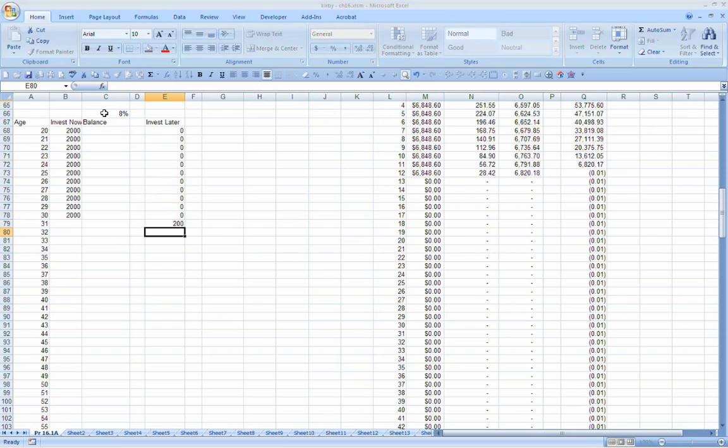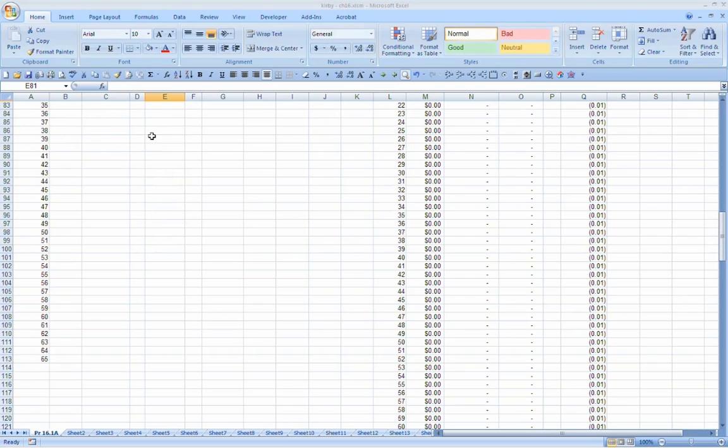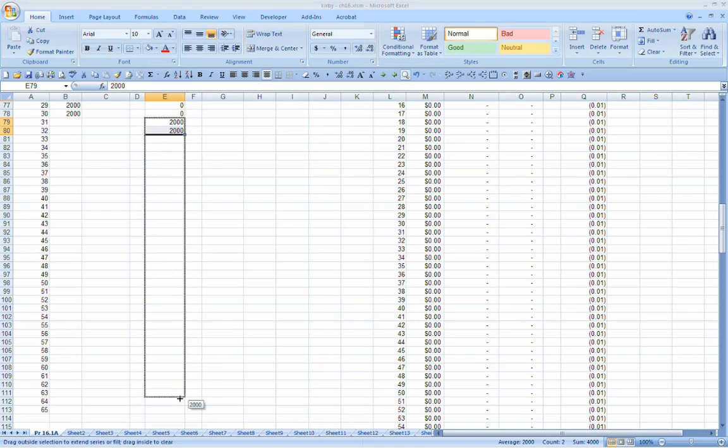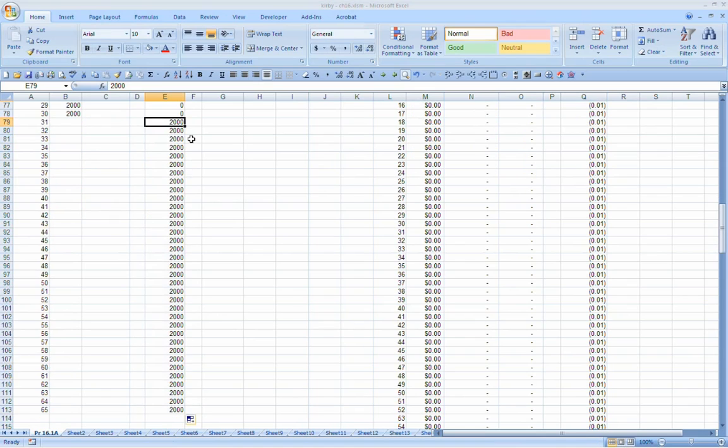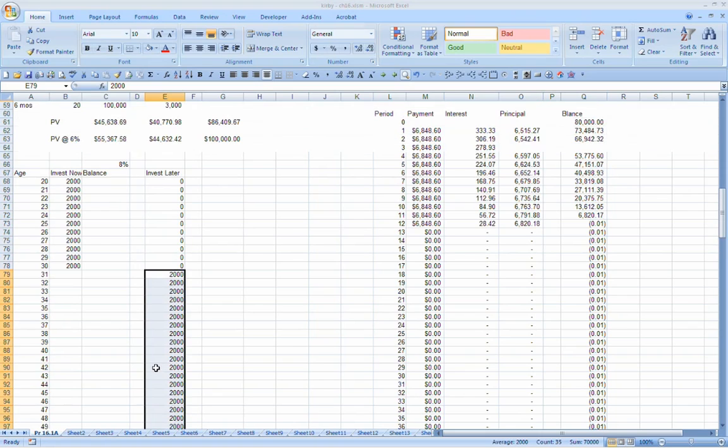And over here you invest 0, and you start investing 2,000, but you do it all the way until you retire at age 65. Just like bonds, you have to calculate. This one you can calculate as a straight annuity of how many ever payments this is. 35 payments of $2,000.